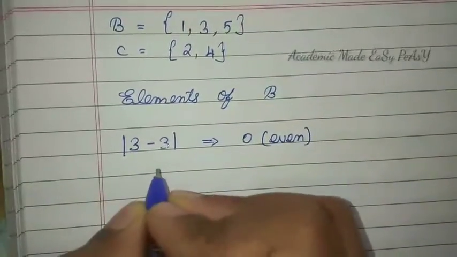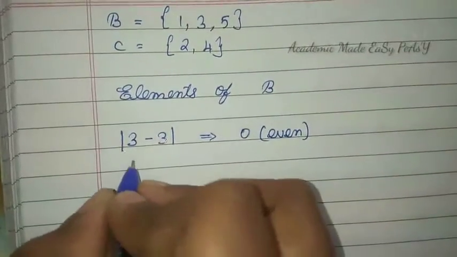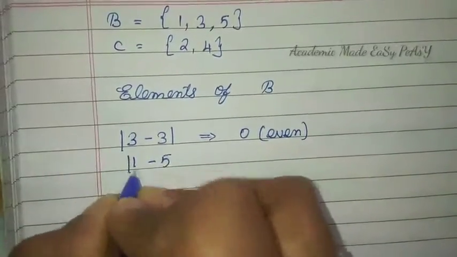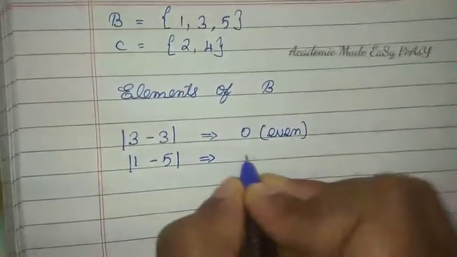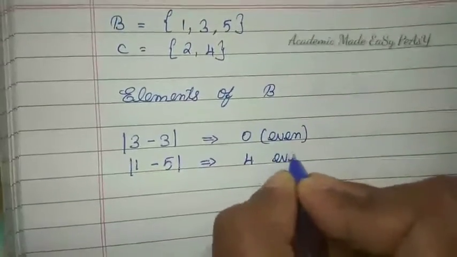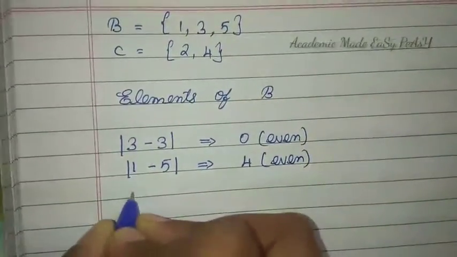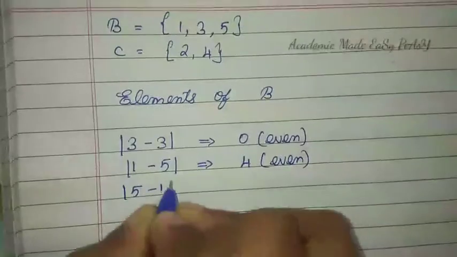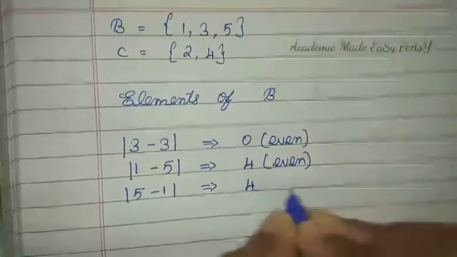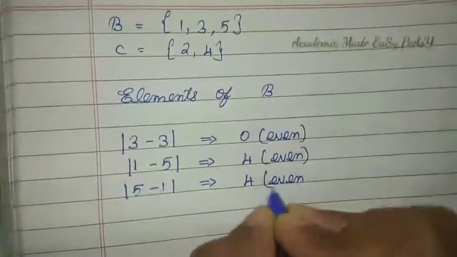Okay, now for symmetric, 1 minus 5 implies 4, which is even. Now I'm taking 5 minus 1. This also gives me 4, which is even.